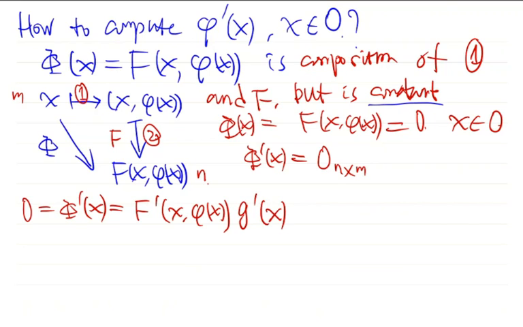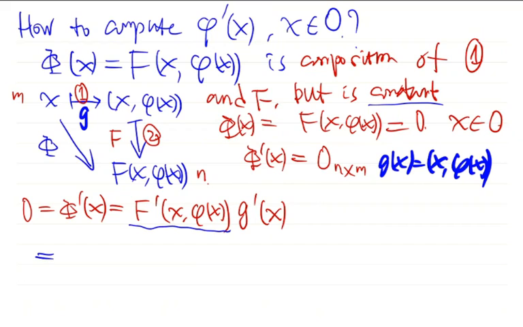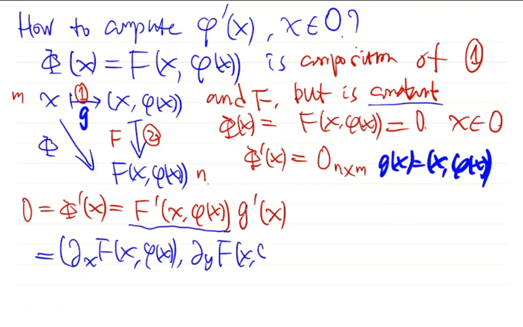The map we denote by g, so g(x) is (x, phi(x)). So the derivative of capital F in matrix form can be written as dxF(x, phi(x)) and dyF(x, phi(x)).